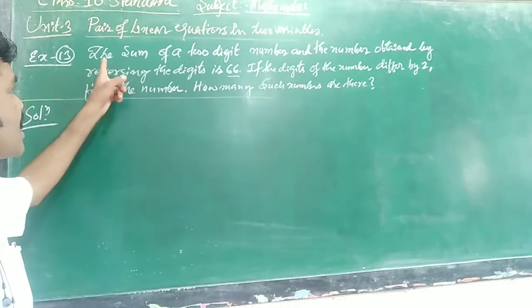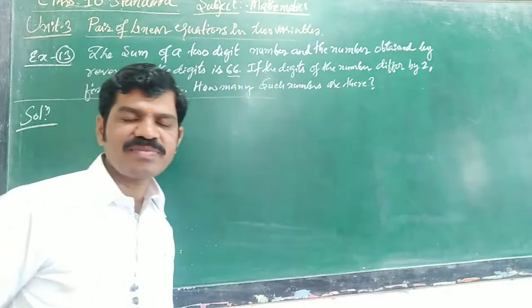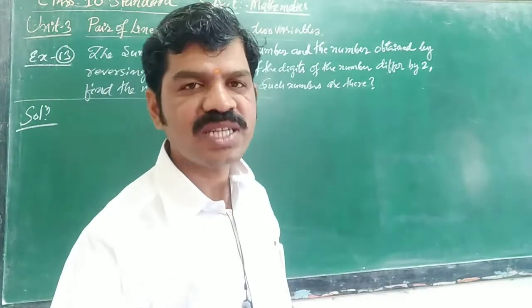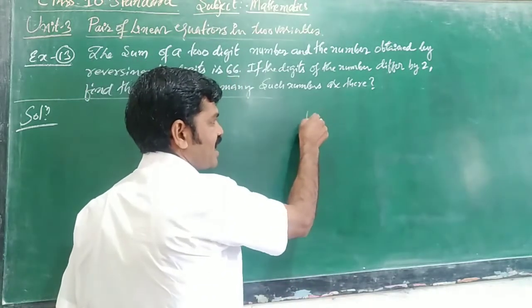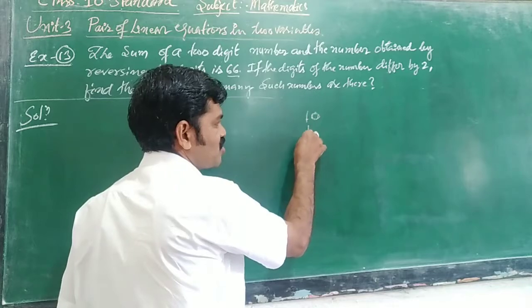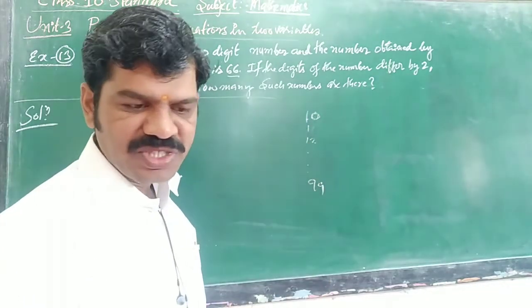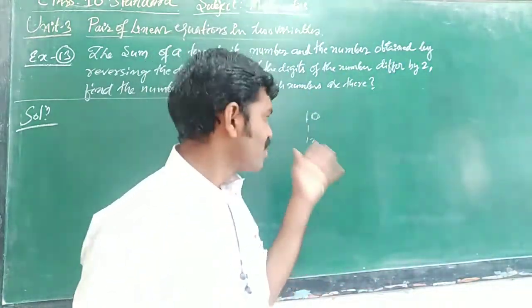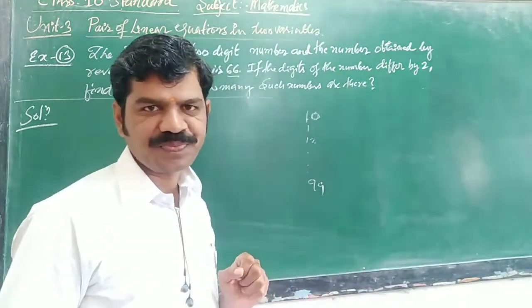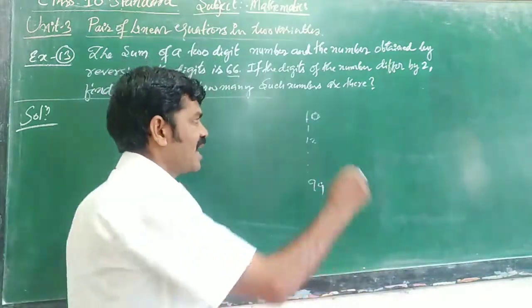See here, sum of the two-digit numbers. First of all, we should know what two-digit numbers are. The two-digit numbers start from 10, 11, 12, up to 99. From 10 to 99, we have many two-digit numbers. Symbolically, I write this two-digit number as xy.